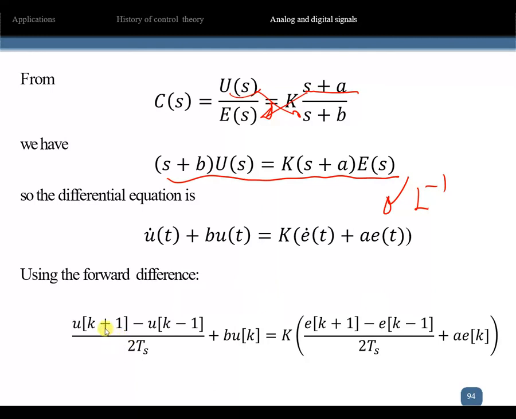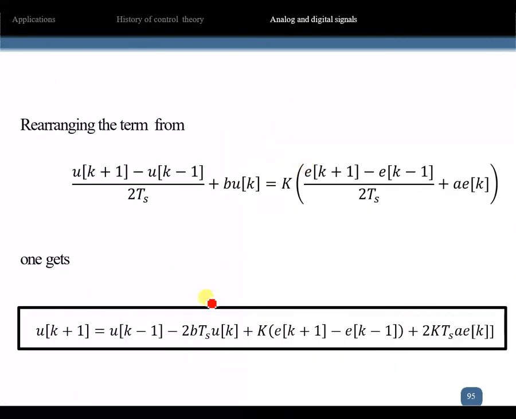You find u(k plus 1) and substitute the forward formula, and you will find the equation about u(k minus 1), etc.